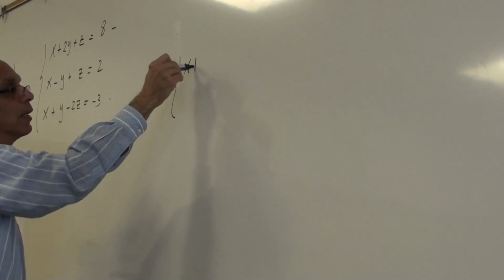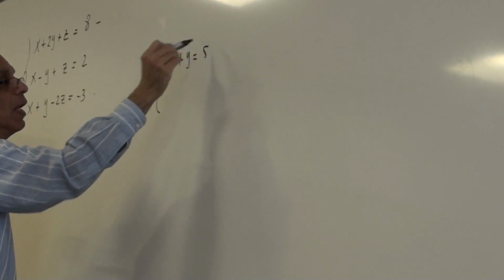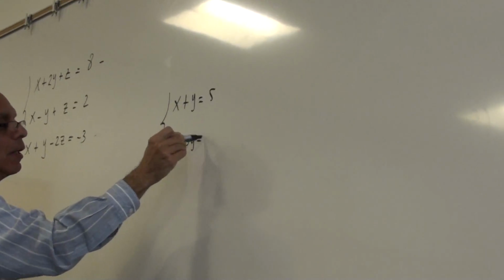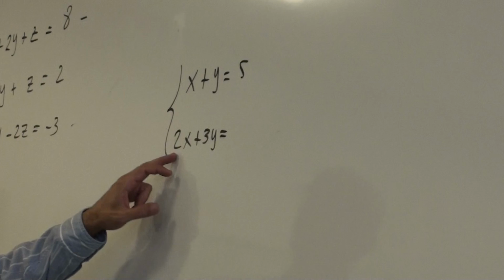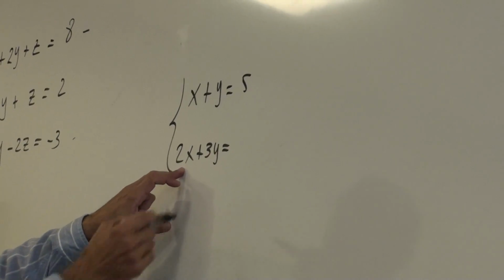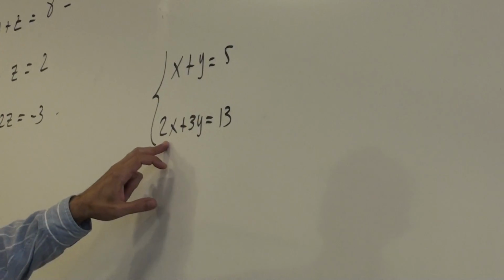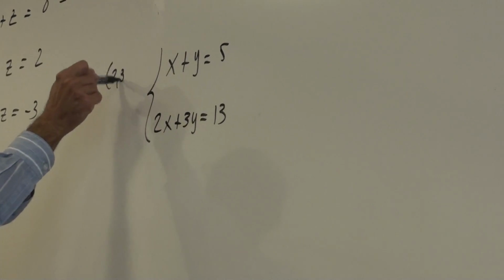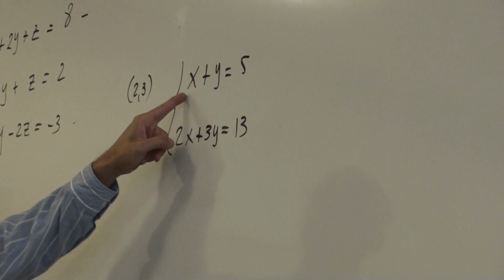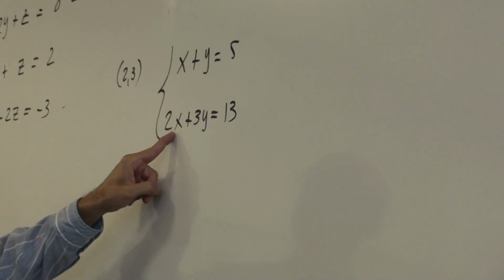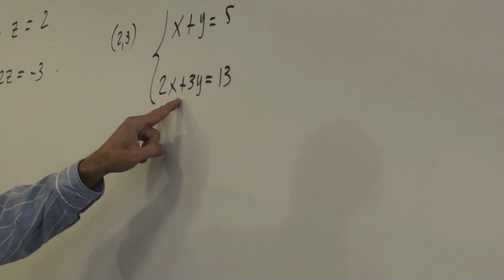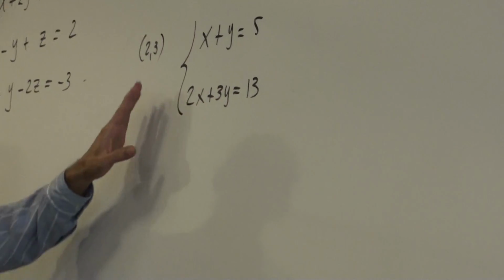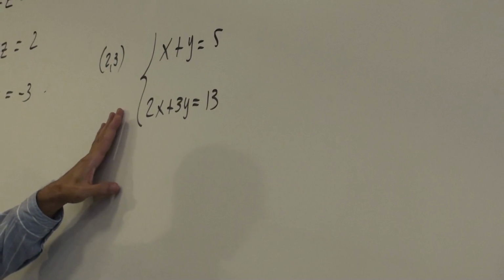Let's see if I have x plus y equals 5, then 2x plus 3y equals 13, okay? So x is 2 and y is 3. So 2 plus 3 is 5. This is 4, 9, 4 and 9 is 13, okay? This is the answer. So let's see how we solve this here using Cramer's rule.